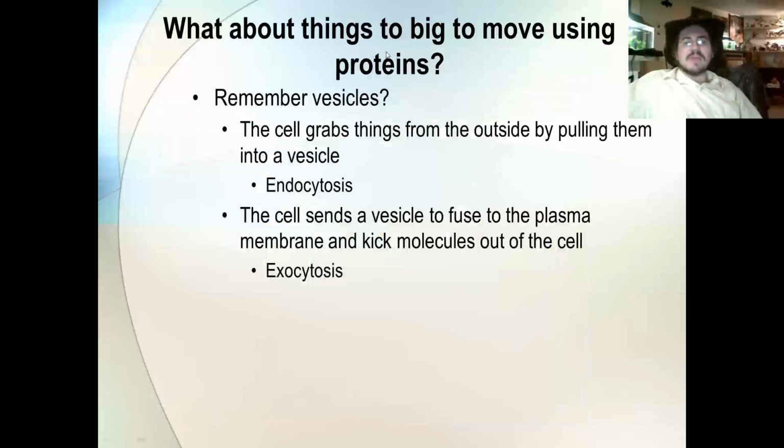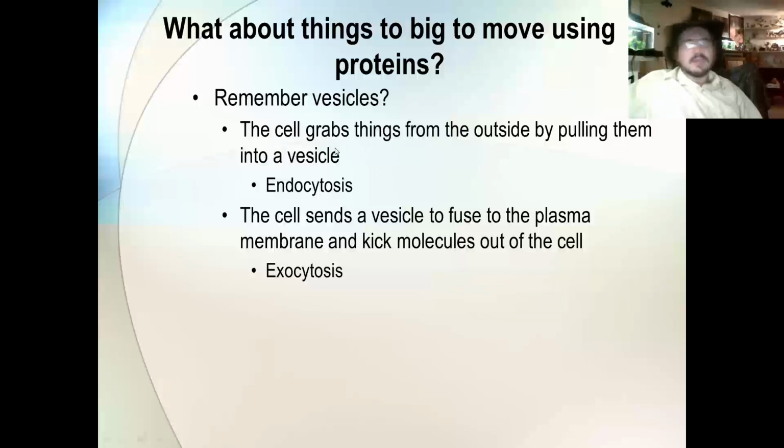So what about things that are too big to move using proteins? So molecules that are too large to move across the proteins. Well, you have vesicles. And when you're using vesicles to move something from the outside of the cell to the inside, or from the inside to the outside, you have two very specific terms, endocytosis and exocytosis.